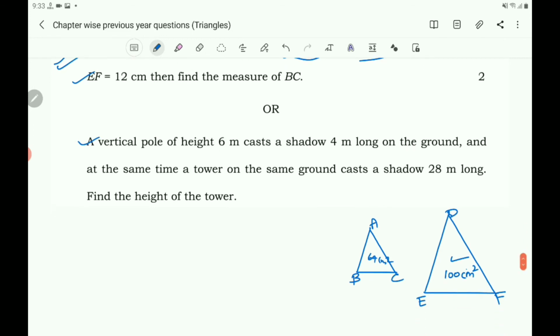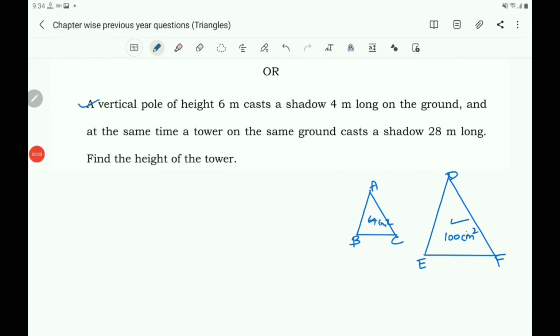First you take the first question. So you take given that triangle ABC is similar to triangle DEF.